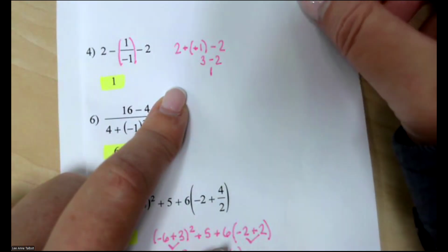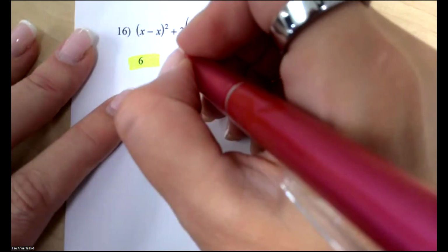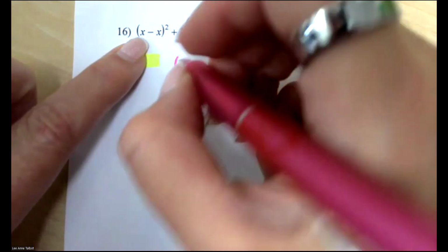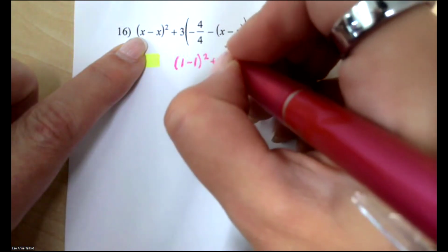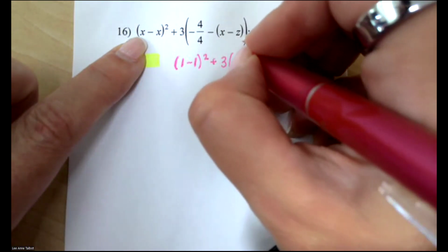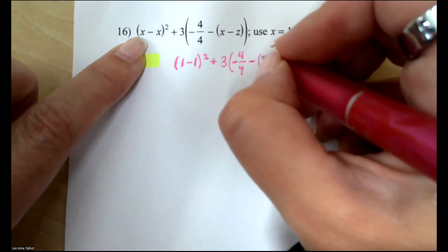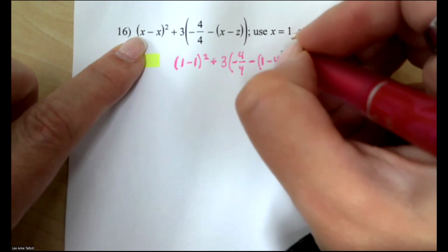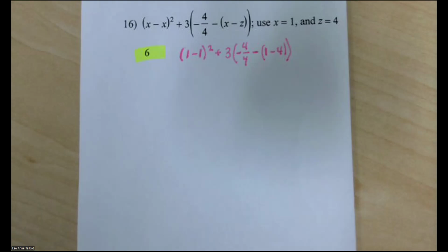Yes? Okay. 1 minus 1 squared plus 3 times -4 divided by 4 minus 1 minus 4 double parentheses. So far, so good.